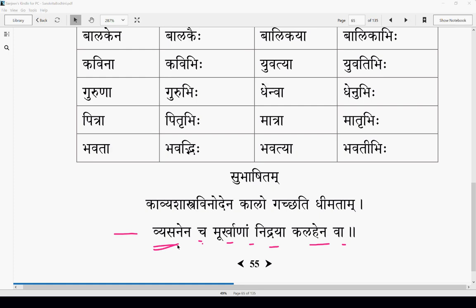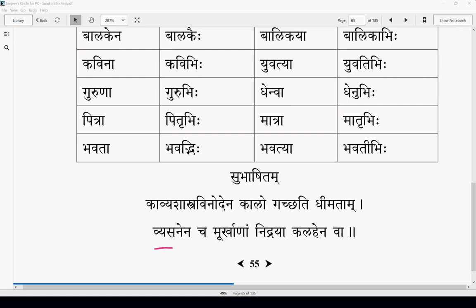Waste. So Vyasana is basically bad habit. Vyasanam is bad habit, like addiction is the right word. Addiction, or just a bad habit like smoking, etc., or gambling.